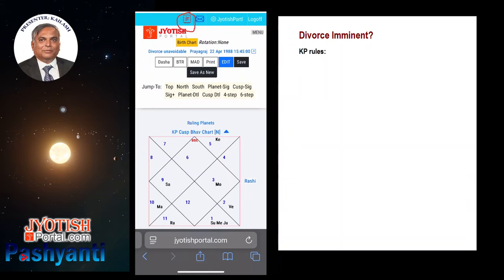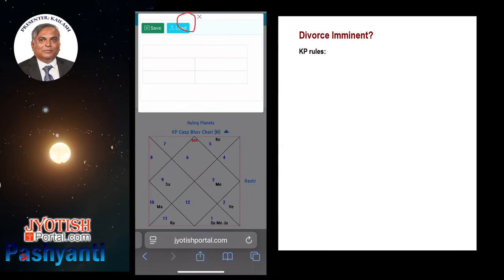If you press this icon, it opens a small editor where you can make some notes and save them also. This is sometimes very handy, especially on the phone, because you are always constrained by the space. We are going to make some more enhancements in this editor, but this editor is available. So that's the first thing.